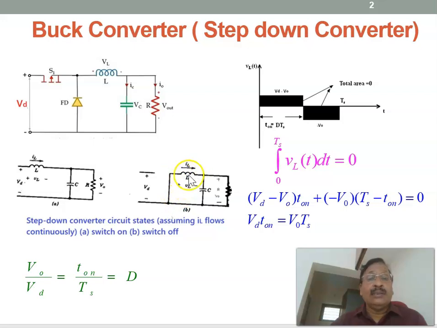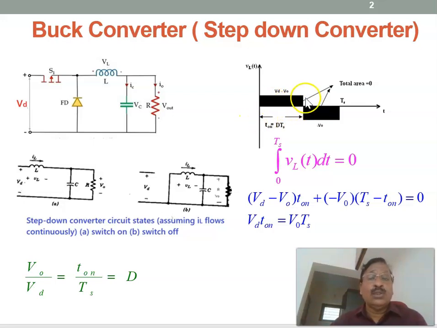Applying Kirchhoff's voltage law again, the voltage across the inductor plus the average output voltage V0 is equal to 0, or VL equals minus V0. Therefore, when the switch is off, the voltage across the inductor is minus V0. This is the voltage across the inductor when the switch is on as well as when it is off.